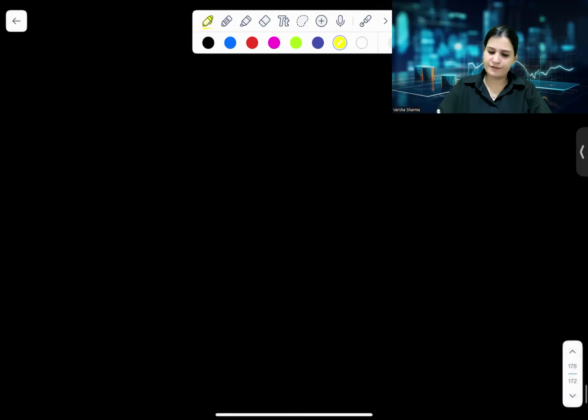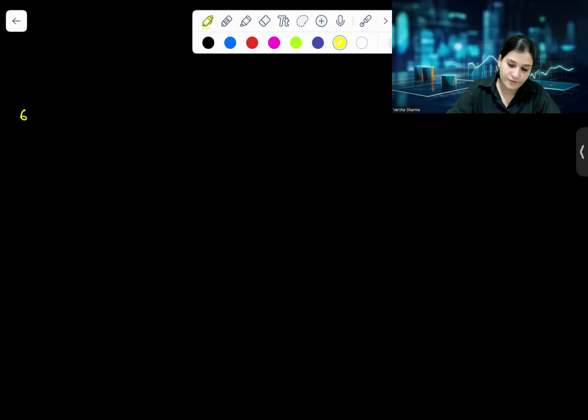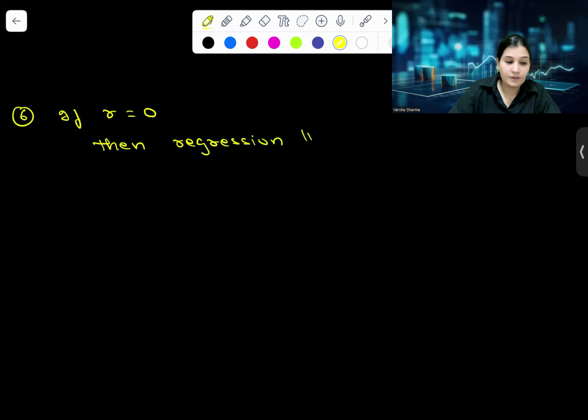Point number 5 or 6, I guess. Theory points now. If R is 0, then the regression lines are perpendicular to each other.